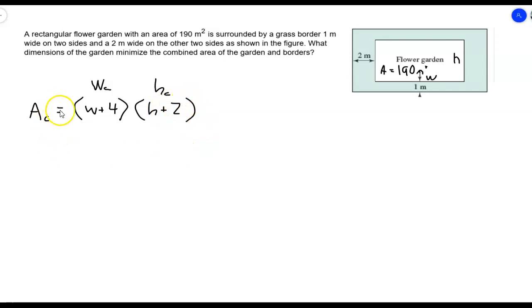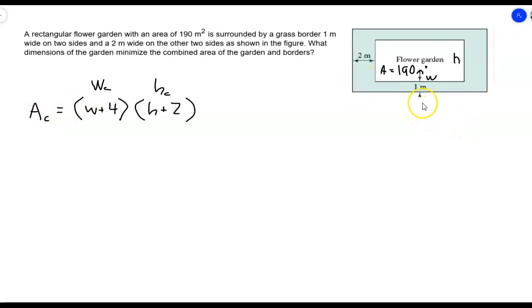So this objective function shows us the combined area of the garden and its borders, which is what we're asked to minimize. Now, could you have taken W to be this length here and the height to be this here for your objective function?